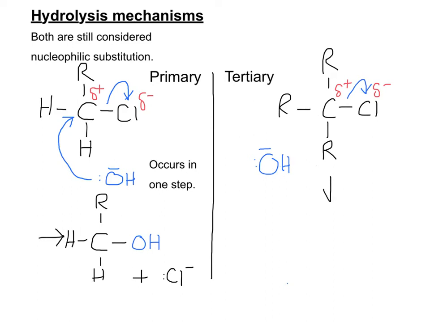That gives us a tertiary carbocation, which is stable, like we've just said. And what the OH can do, if we draw it again down here, is attack that. And that gives us, finally, our product.